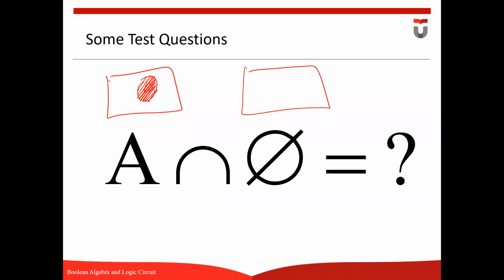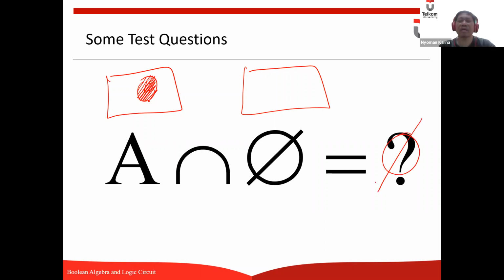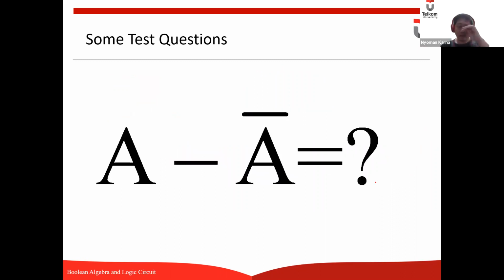The answer is nothing. Because we need to describe a set that has the element of A and also the element of nothing. Nothing has no element, so the result is nothing. Very good.